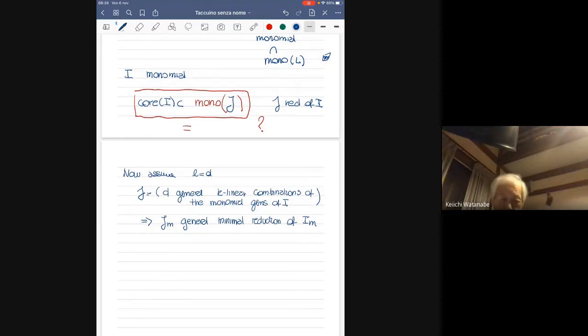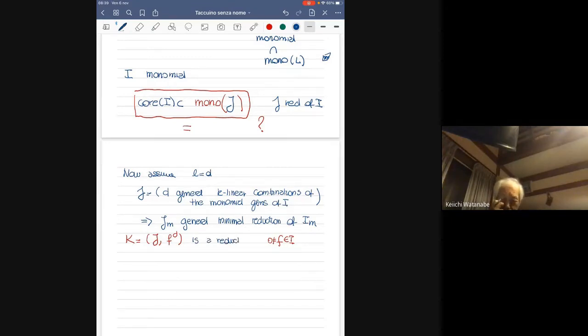So we have to consider another ideal, and the ideal we consider, we call it K. These are very important, they are the guys that will come up always from now on. In this case, it is just J, but when you throw in an element of I to the D. So you take any nonzero element of I to the power D, where D is the dimension of our ring, and then this K turns out to be a reduction of I.